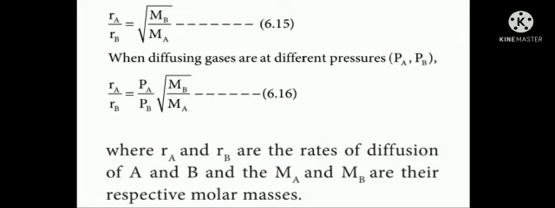Here Ra and Rb are rates of diffusion of gas A and gas B, and Ma and Mb are the molar masses of gas A and gas B. Hence, we completed the topic Graham's law of diffusion.